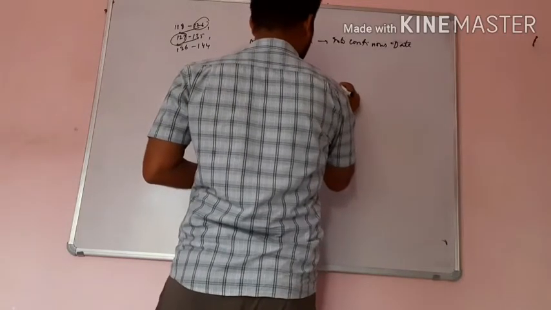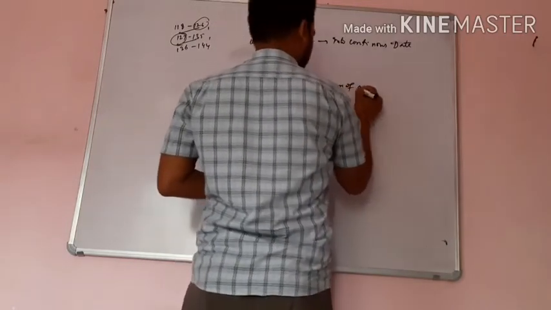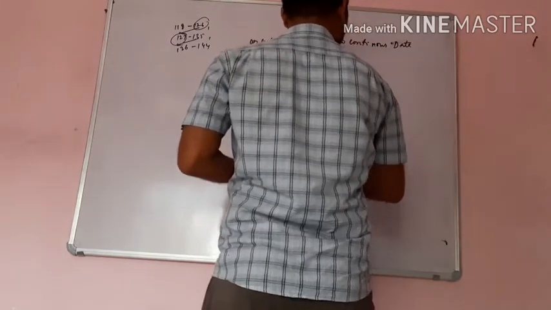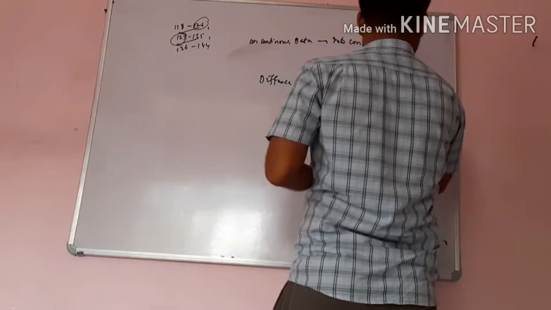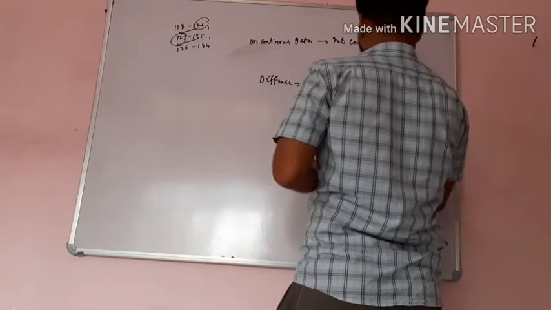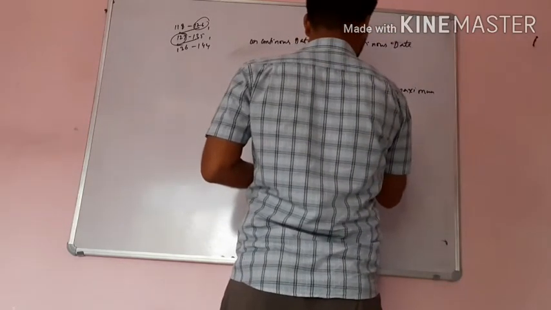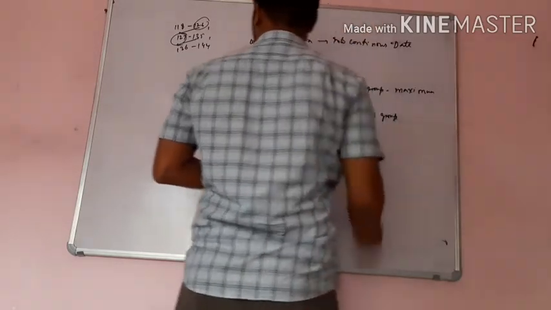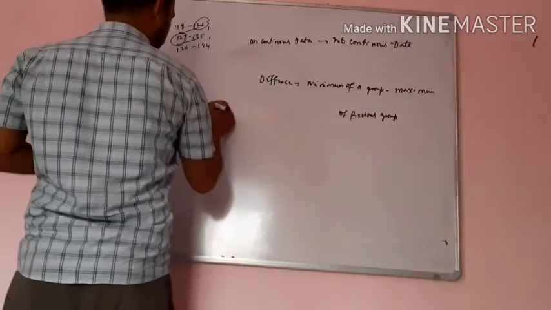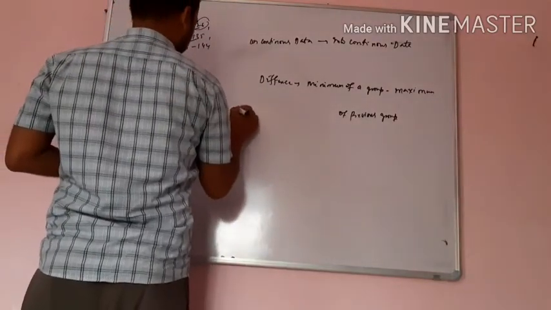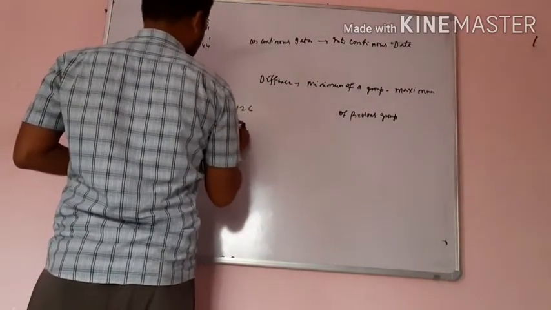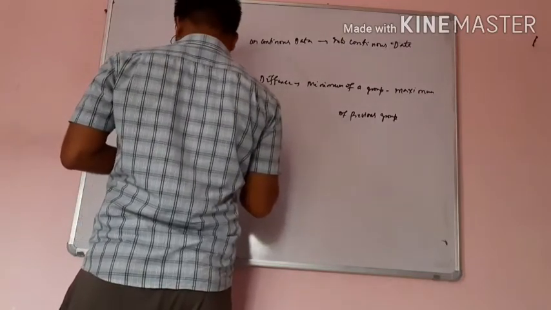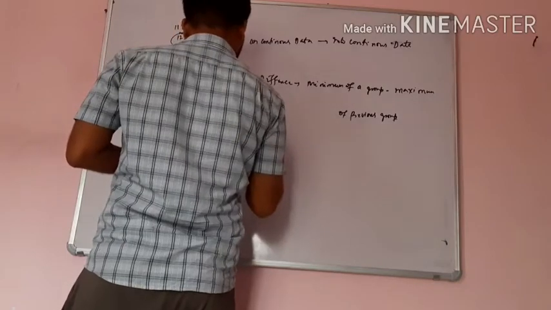Minimum of a group minus maximum of the previous group. See, here we have groups like 118 to 126, 127 to 135, 136 to 144.